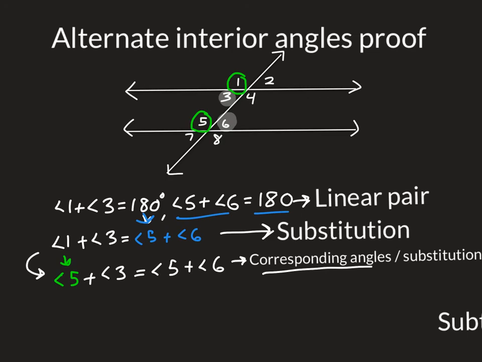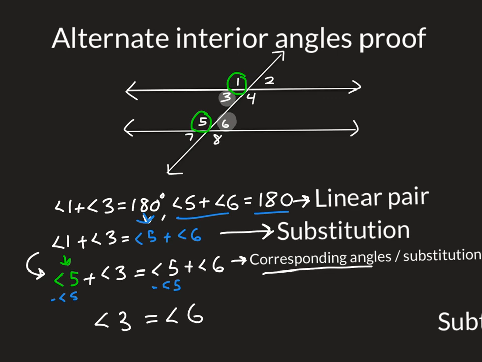All right, we are very close. When I look at the left side and the right side, I notice that I have an angle 5 on both. What would happen if I subtracted angle 5 on both sides? Now I just have an angle 3 on the left side and an angle 6 on the right side.